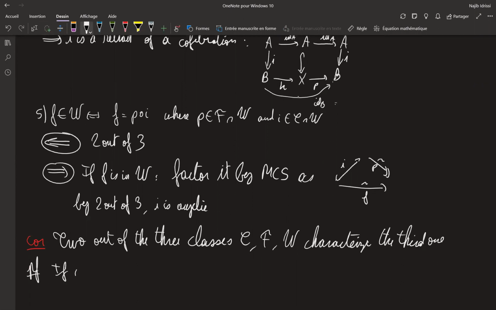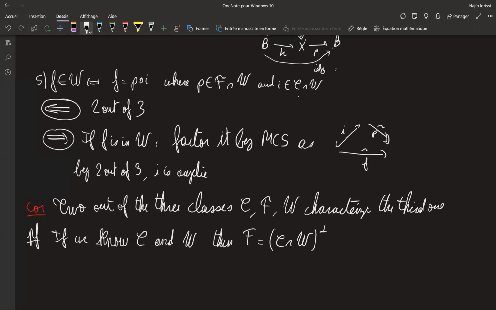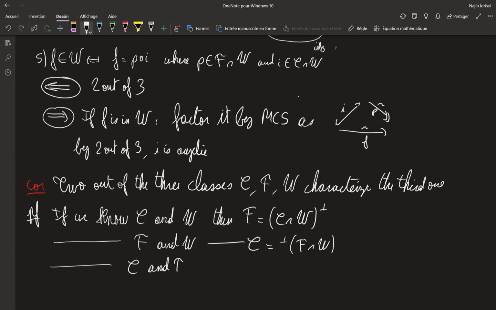The proof, if we know C and W, then we know F, because this is the set of maps which have a right lifting property with respect to C cap W. If we know F and W, then C is similarly defined as the set of maps which have the left lifting property with respect to F cap W. And finally, if we know C and F, then we know C intersect W is the set of maps which have a left lifting property with respect to F. F intersect W is the set of maps which have a right lifting property with respect to C, that we know.